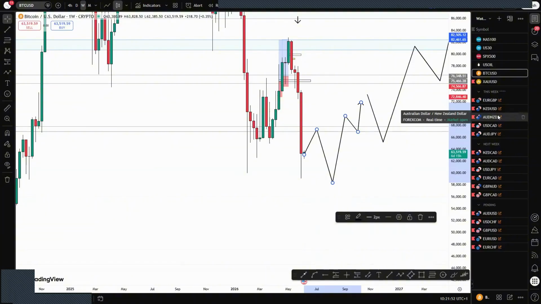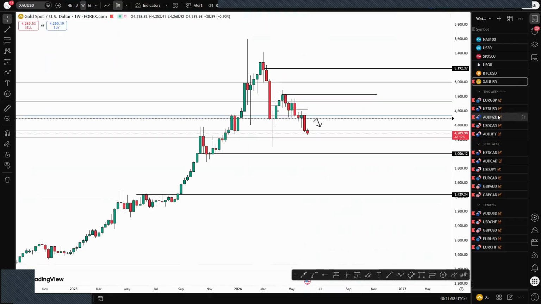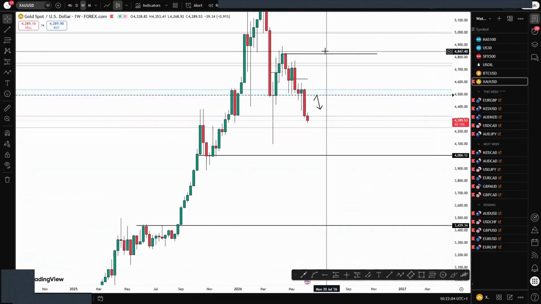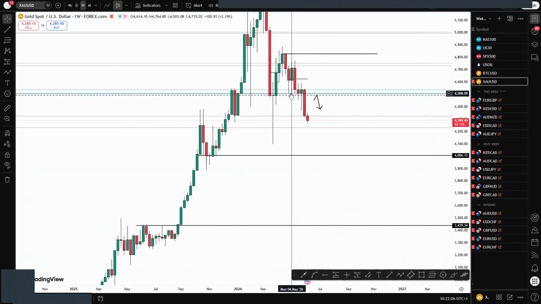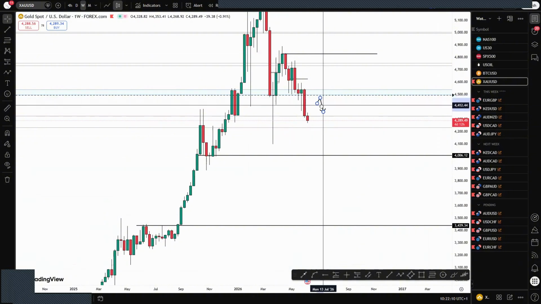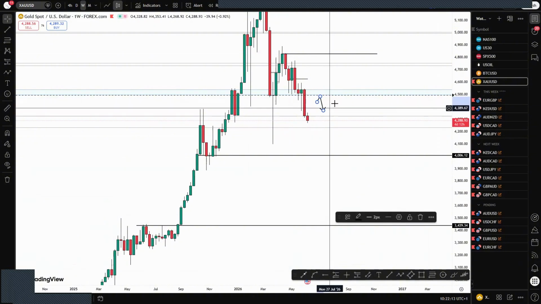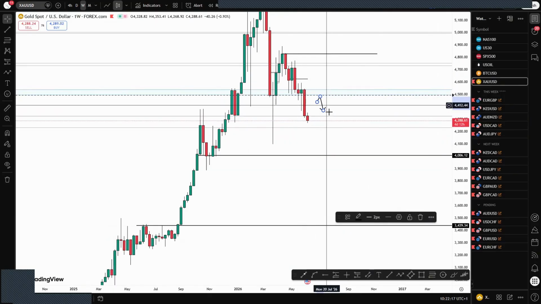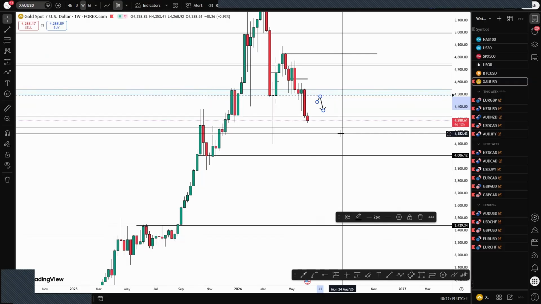So for now, we are still waiting on that weekly shift. And ZAR USD, I still need the shift at this point, and I still need the retest at this level because the weekly is now bearish. So I need price to shift this point, then we can buy.